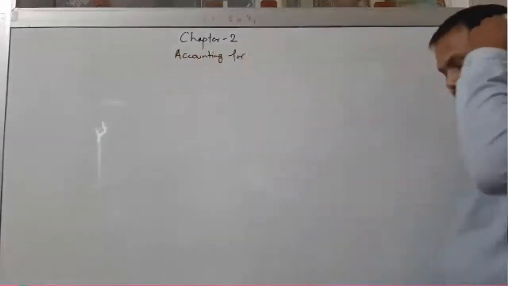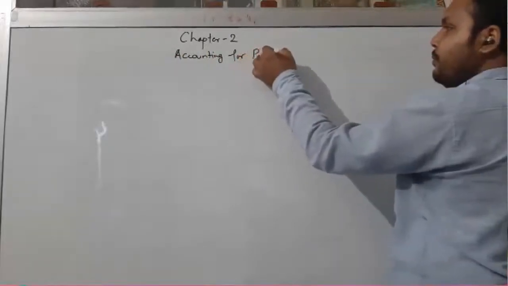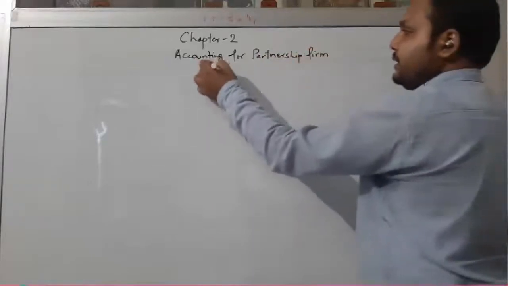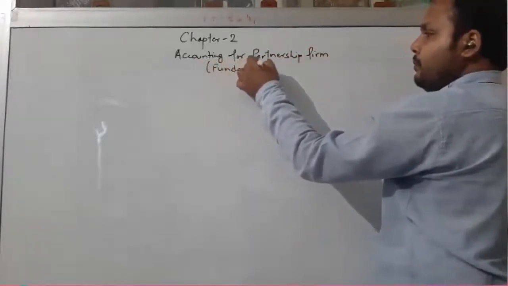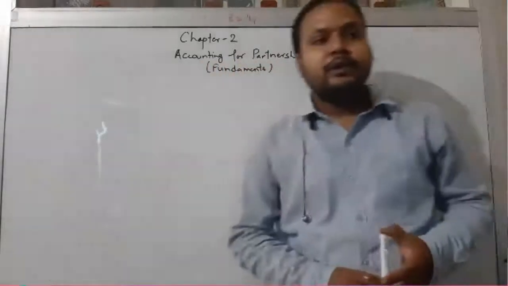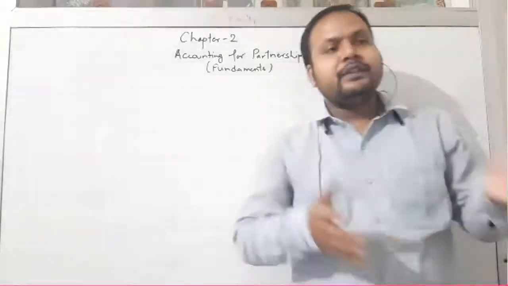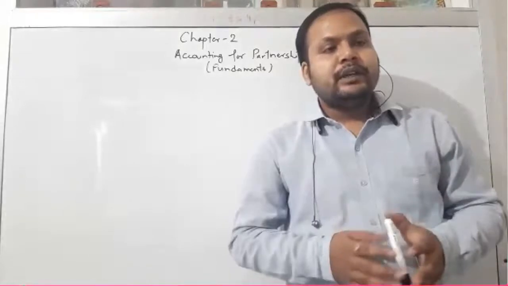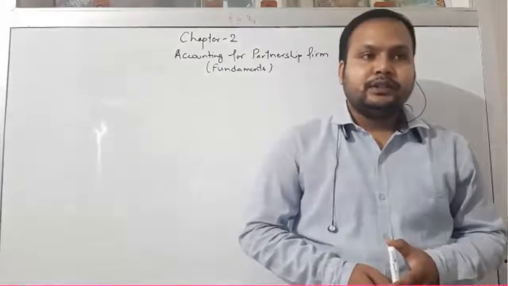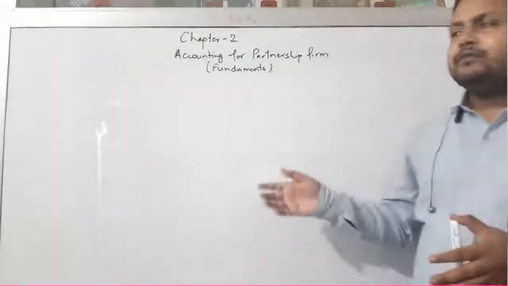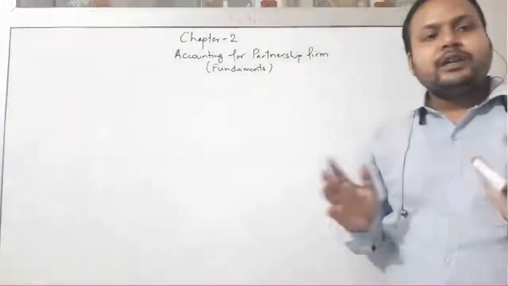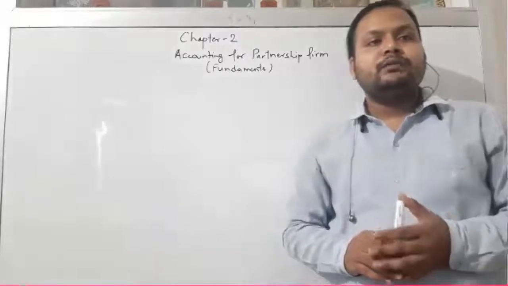Okay, and this is the first chapter of accounting of partnership firm, because in the last chapter we discussed the various important accounting adjustments and accounting treatment of the not for profit organization. But in this video we are talking about the accounting of partnership firm, that is fundamental. So let's discuss what are the important aspects regarding the accounting of partnership firm.